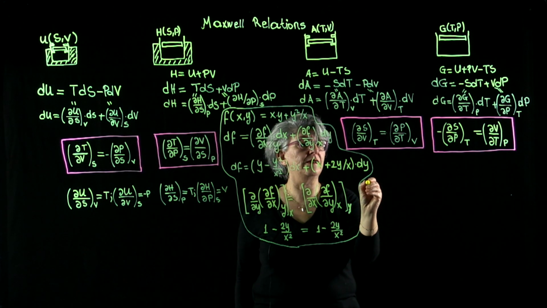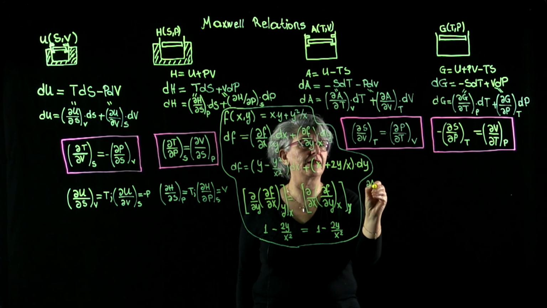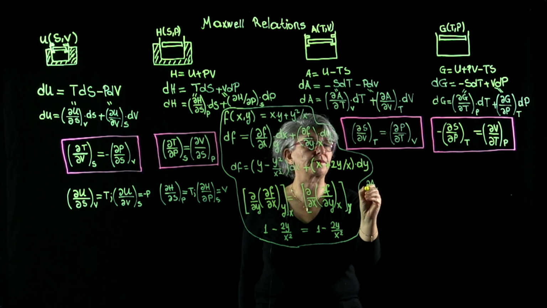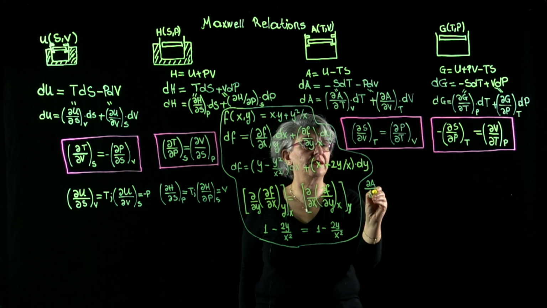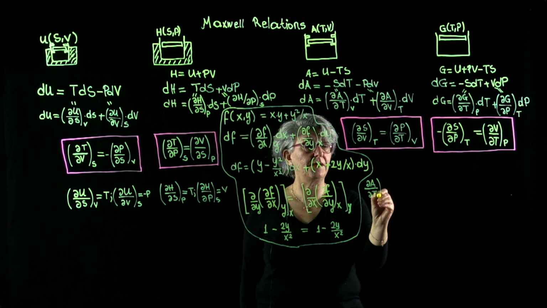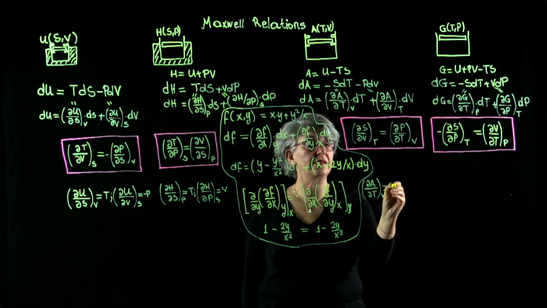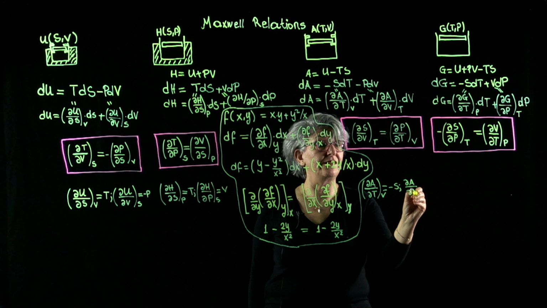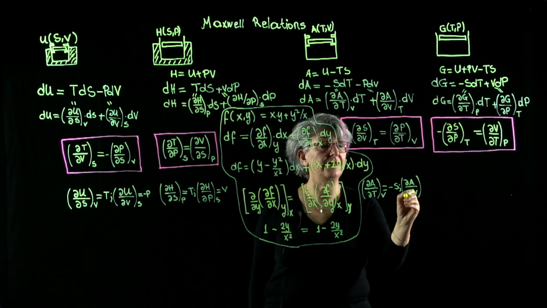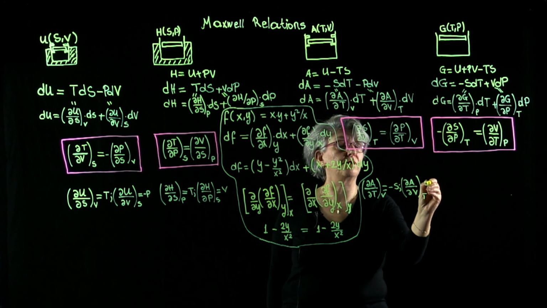We have here del a over del T at constant v is equal to minus s, and del a over del v at constant T is equal to minus p.